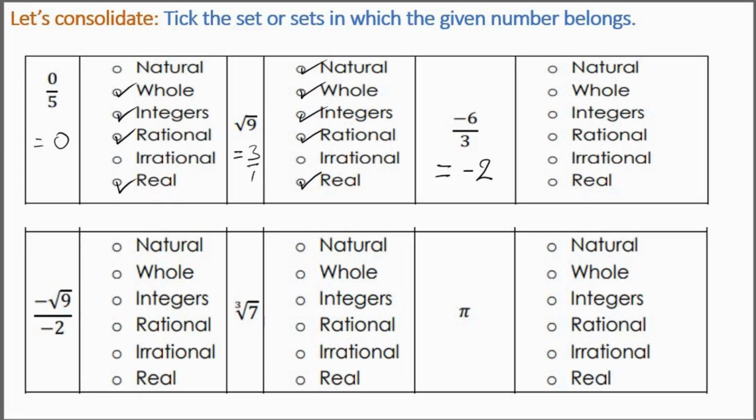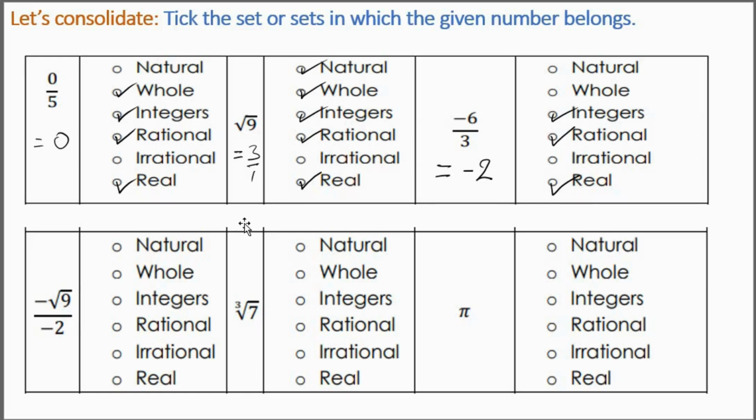No, because natural numbers start from 1. Is it a whole number? No, because whole numbers start from 0. Is it an integer? Yes, because there are positive and negative integers, and it's a rational number and also belongs to this group of real numbers.